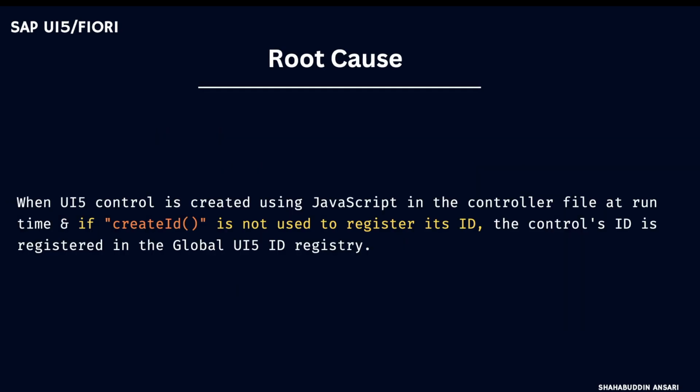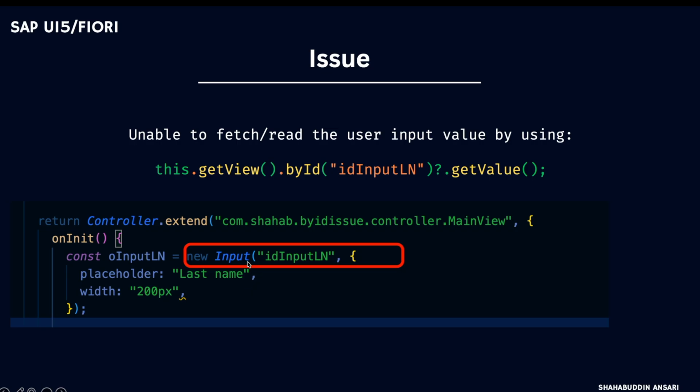Now the root cause is, as you have seen in the code, that I gave the ID name simply as a string value. That way, when this UI control is created, it is created at the global registry level. And when we are doing this.getView, it looks in the current view, whereas the ID which we have given is not present in the current view, it is present at the global level.